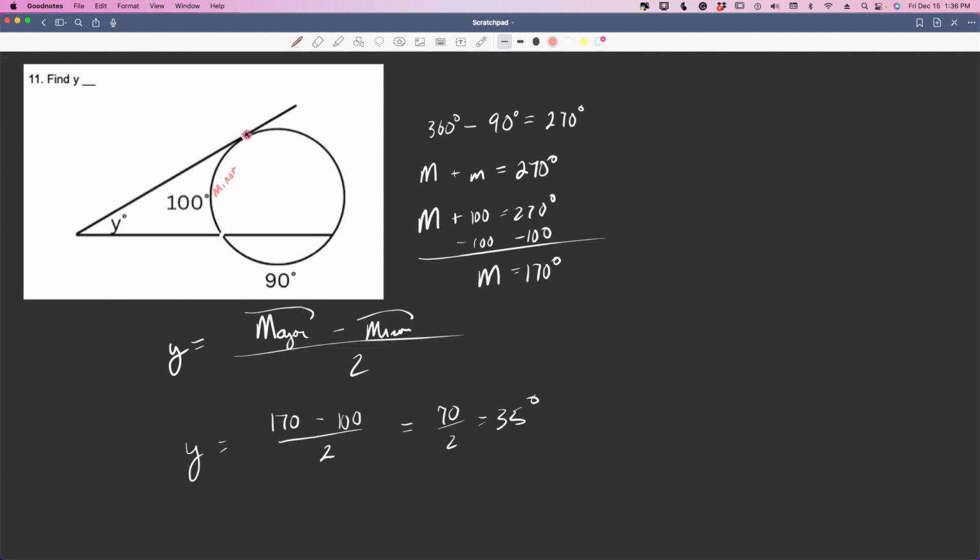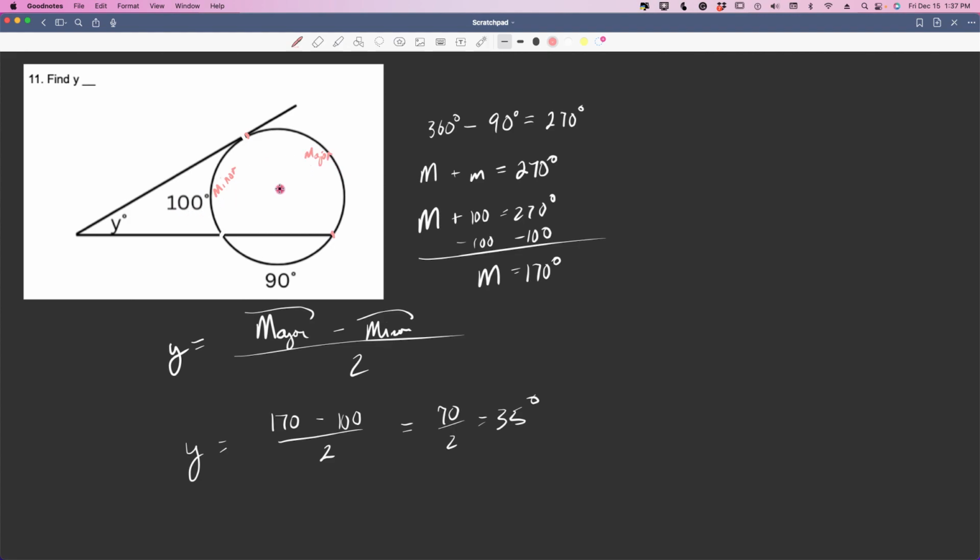And where it touches here to where it touches here, this is the major arc. The bigger arc is the major arc, and it's usually the one opposite the angle. So not on the same side as the angle, it's on the other side from the angle. That's usually the way it works.